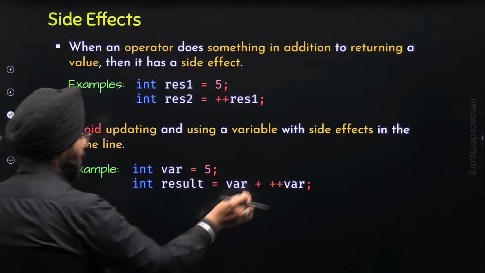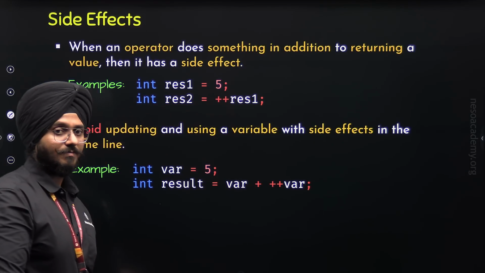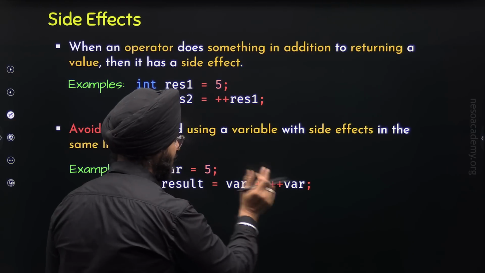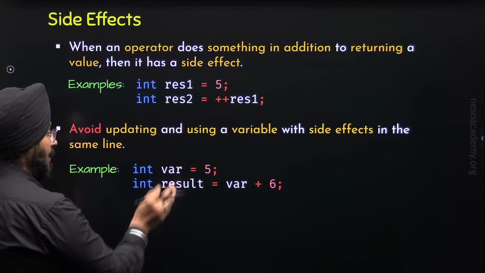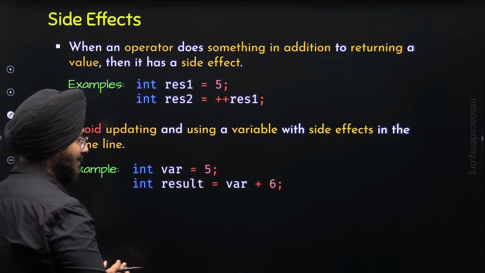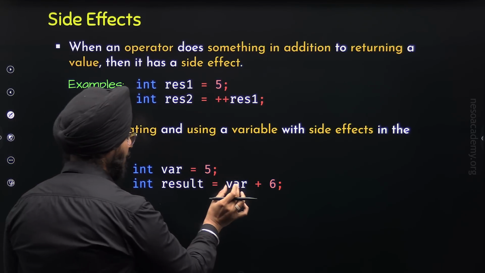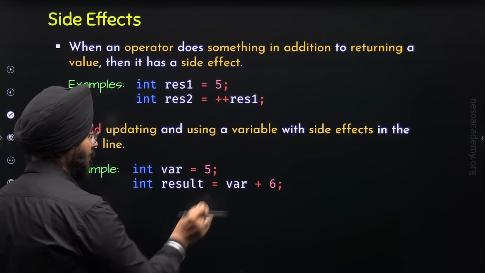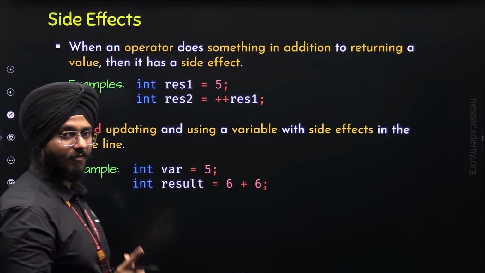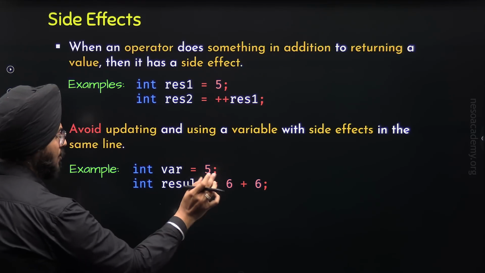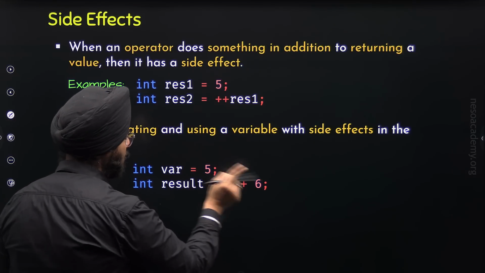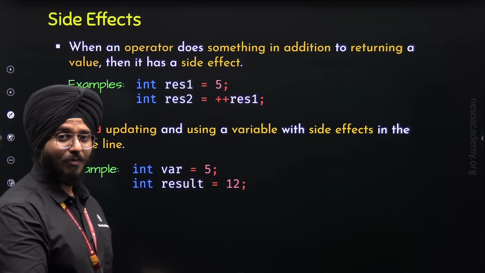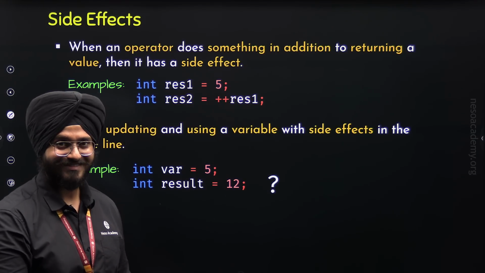What if ++var will be evaluated first? Then, in place of ++var, we will get 6. We know now the variable var has the value 6. So clearly this variable var will receive the updated value. So here we will get 6, not 5. So now we have this expression 6 + 6, which evaluates to 12. Now, do you think result variable will hold value 12?